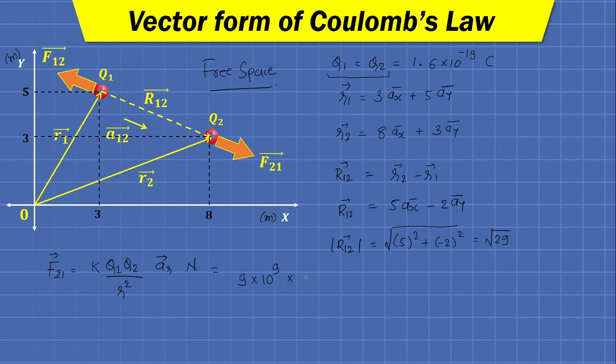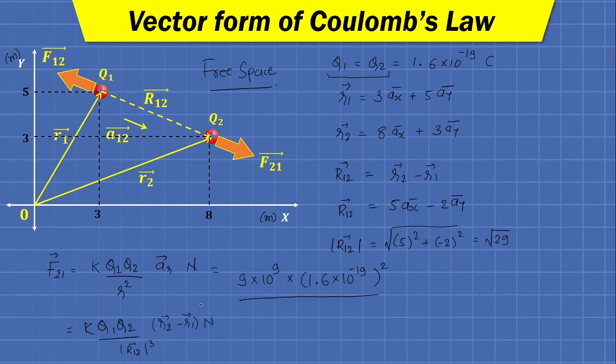So q1 into q2 can be written as 1.6 into 10 raised to minus 19 whole square, divided by, here it is more convenient to use this equation rather than this one.